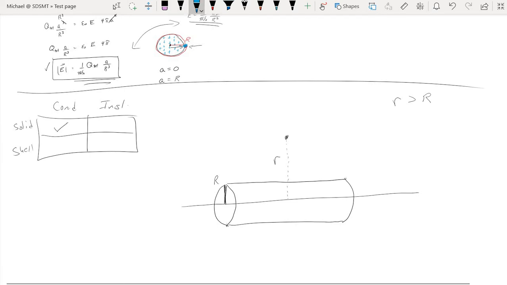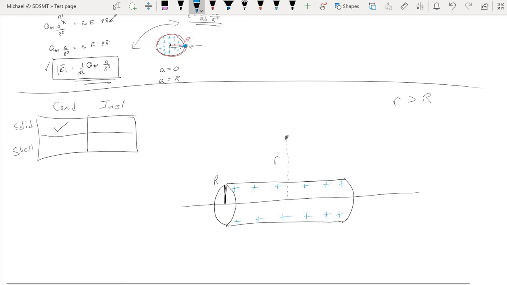Now, if I have a solid conductor, the moment I put charge on this solid conductor, that charge is going to distribute itself uniformly about the surface of the cylinder.